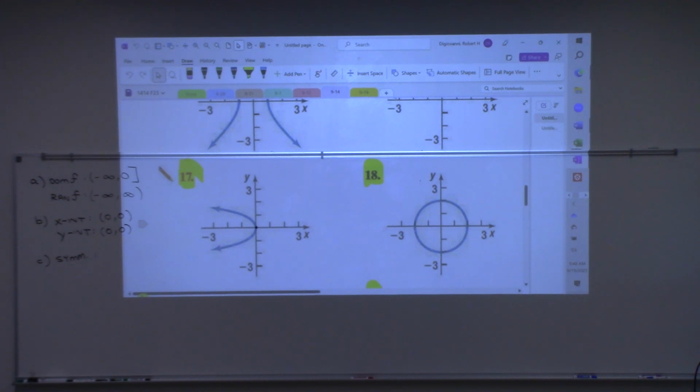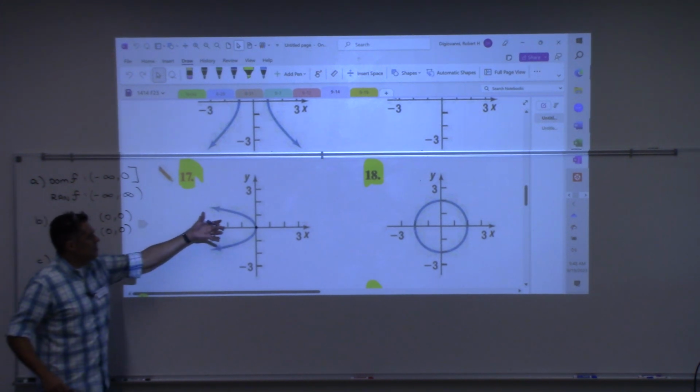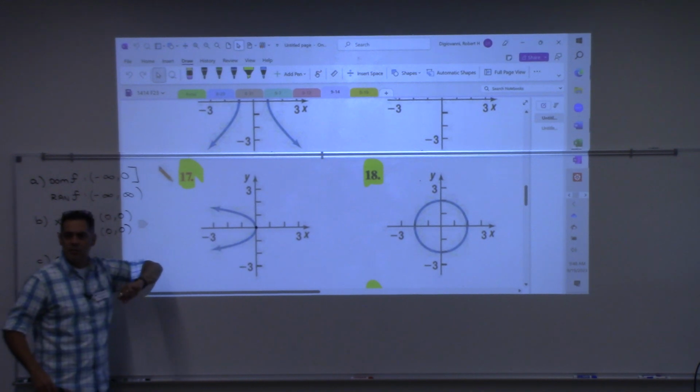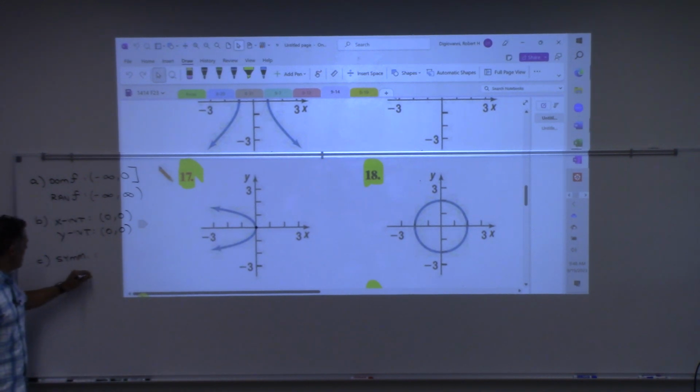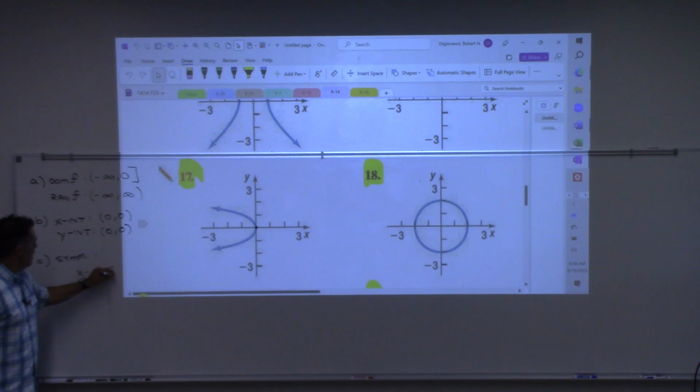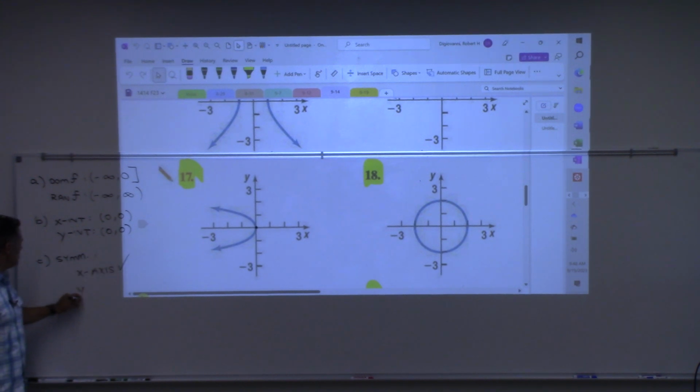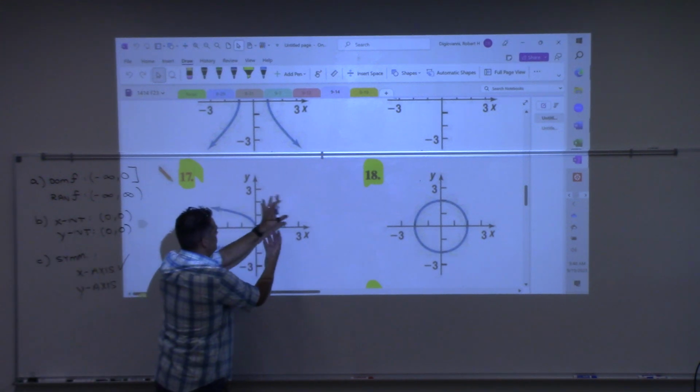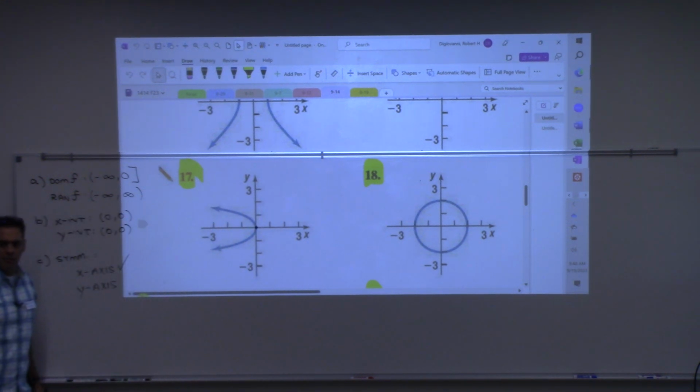All right, symmetry. If I reflect that over the x-axis, is it the same function? Yes. So x-axis, yes. How about y-axis? If I reflect this over the y-axis, it's not the same thing, is it? So no. And then over the origin?